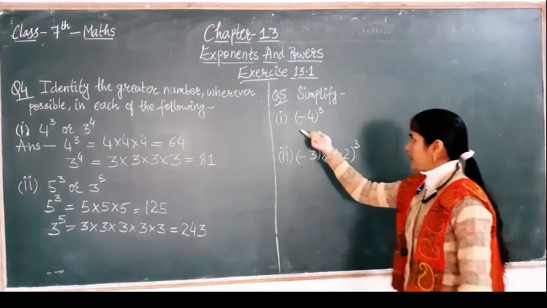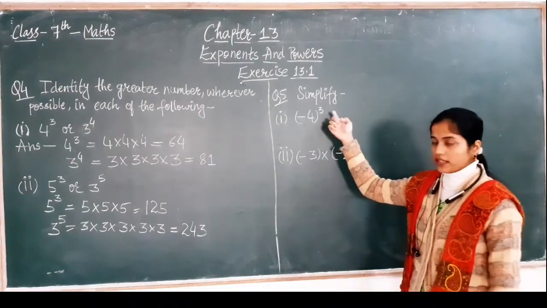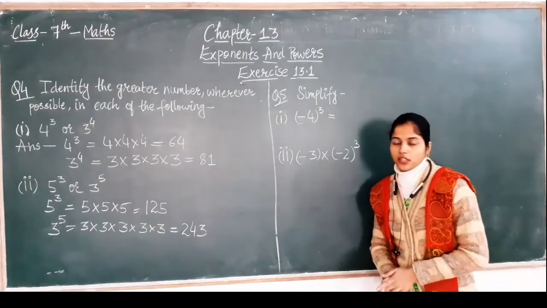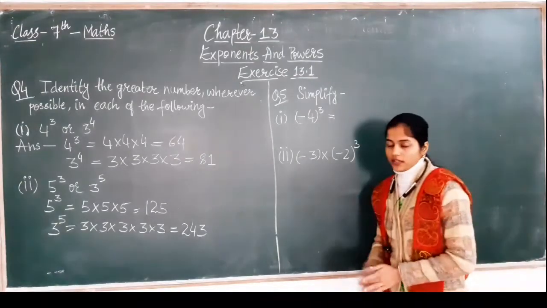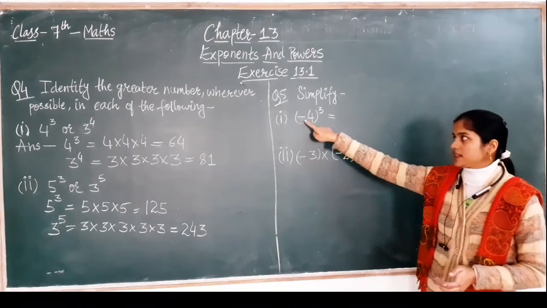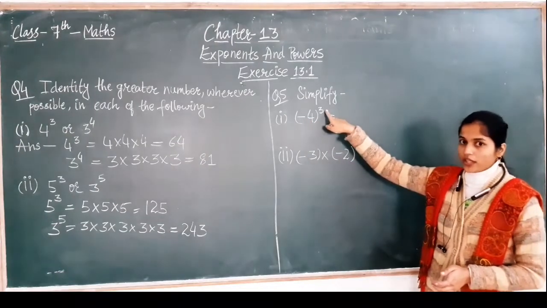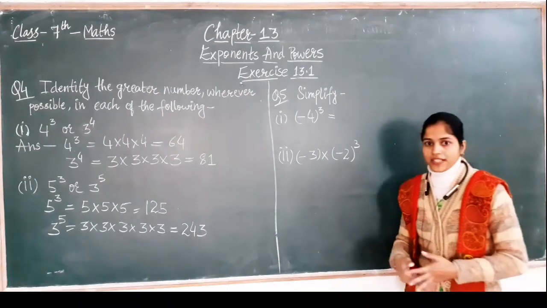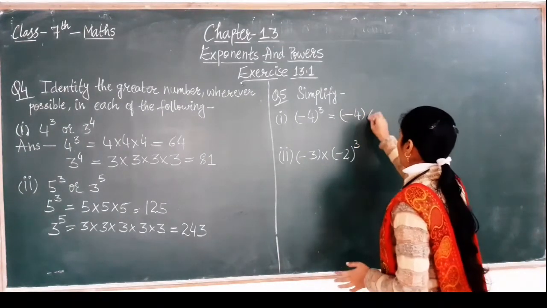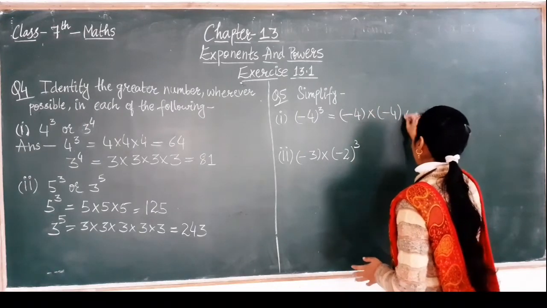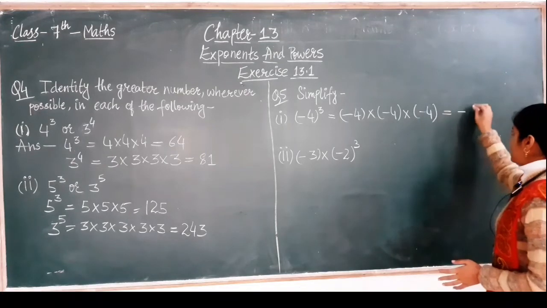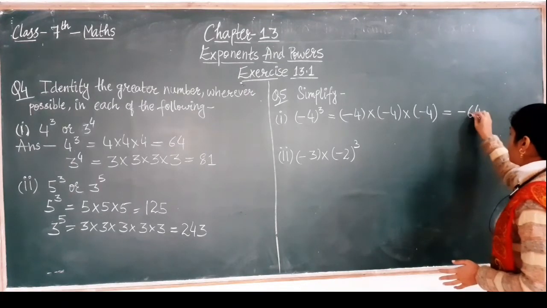So next question is simplify. The first one is given as minus 4 raised to the power 3. We have discussed in the introduction part the laws of exponents. There we discussed that if the number is negative and the power is odd, the answer would always be negative. So if we multiply minus 4 into minus 4 into minus 4, the answer would be minus 64.